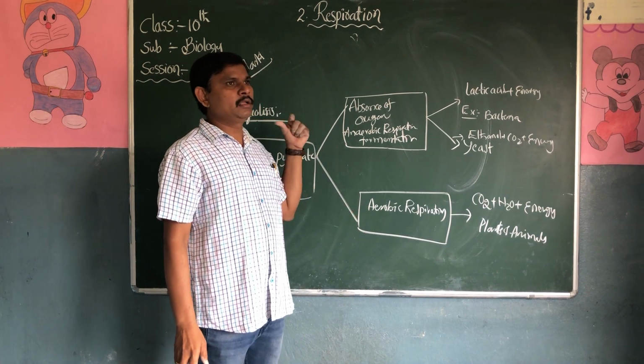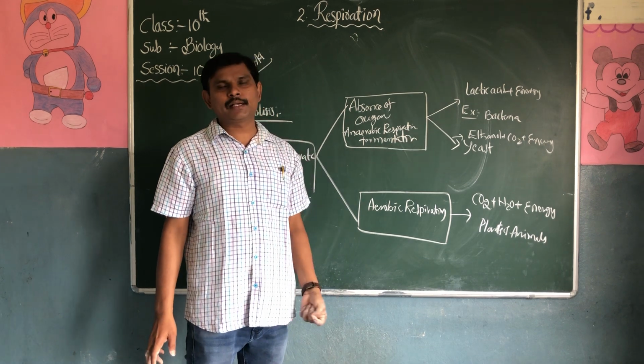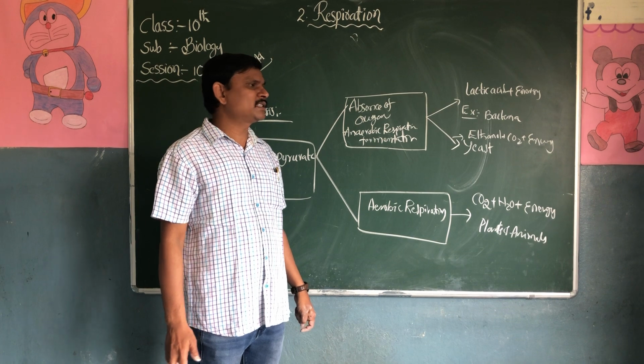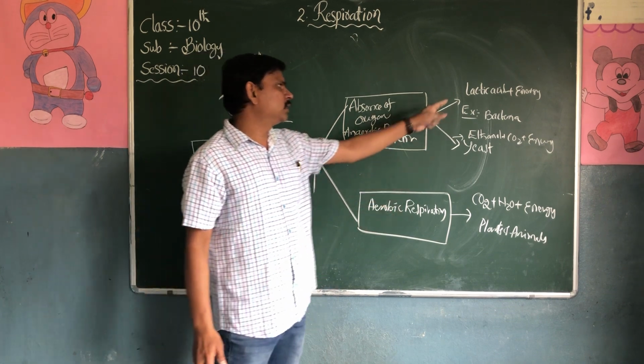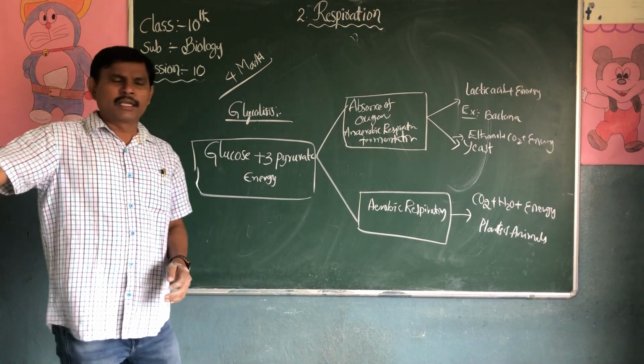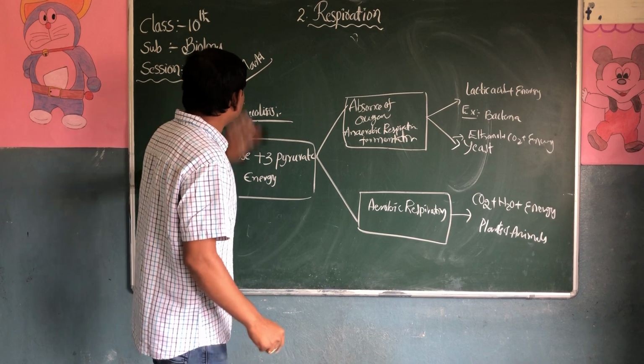Aerobic respiration, anaerobic respiration. In yeast, ethanol, carbon dioxide and energy are released. In bacteria, lactic acid and energy are released. We will discuss this lactic acid. So next one is, can energy be released without oxygen?